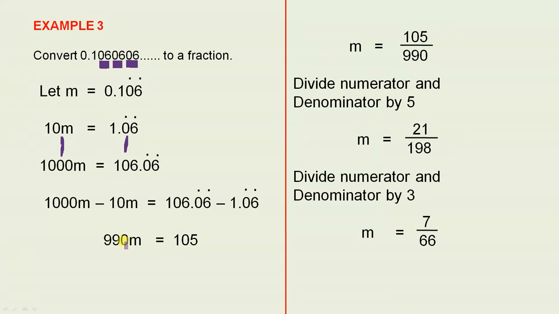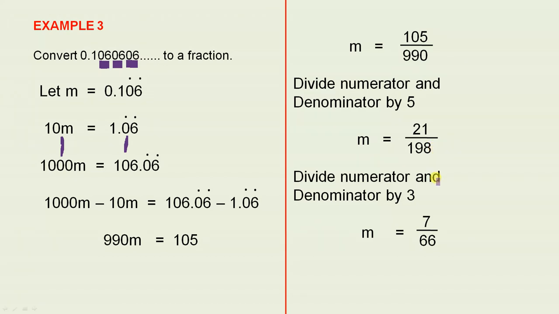This simplifies to 990m. This simplifies to 105. Therefore, if we divide both sides by 990, we get m equals 105 over 990. Divide numerator and denominator by 5, which gives us m equals 21 over 198.